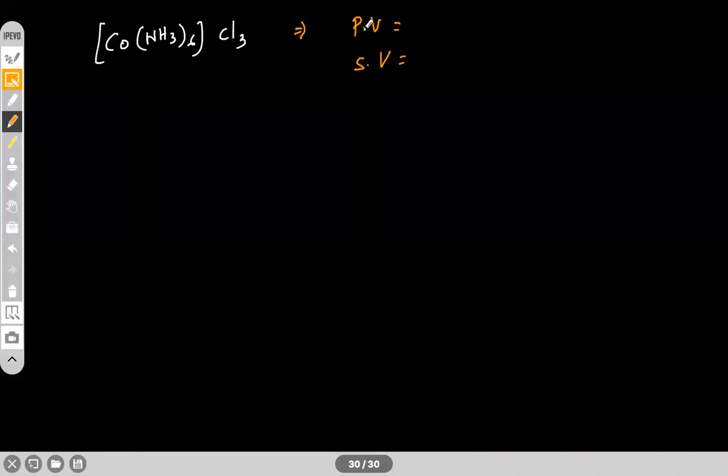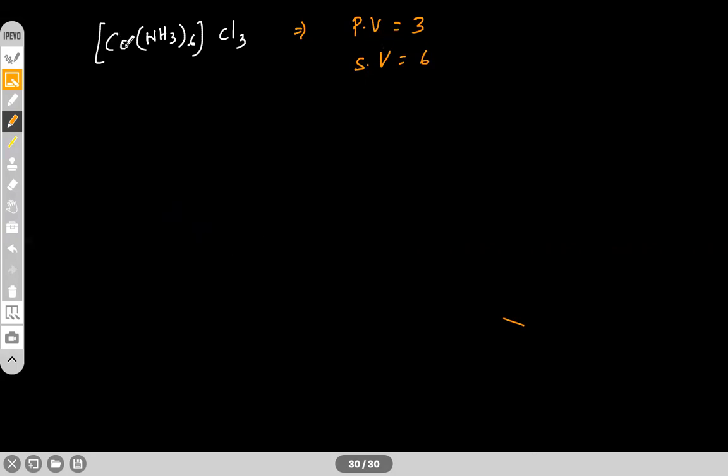What is the primary valency? We have to check the oxidation state. Primary is 3 and secondary is 6. Primary is 3 because the oxidation state is 3, and secondary valency is 6 because the coordination number is 6. Like this, you'll get the primary valency and secondary valency.